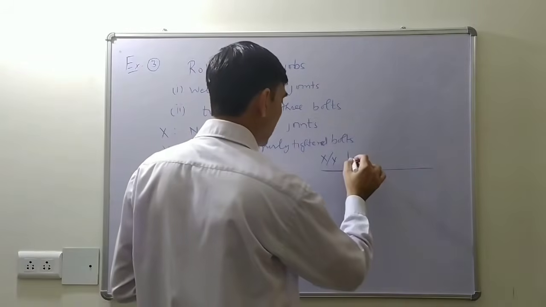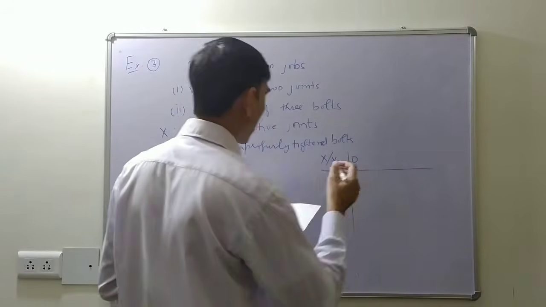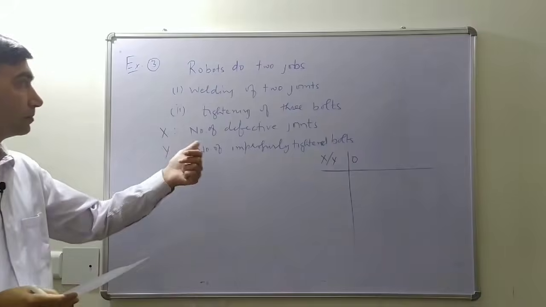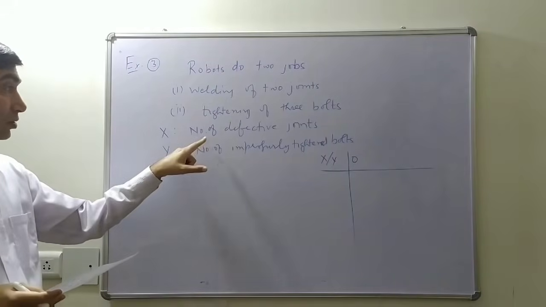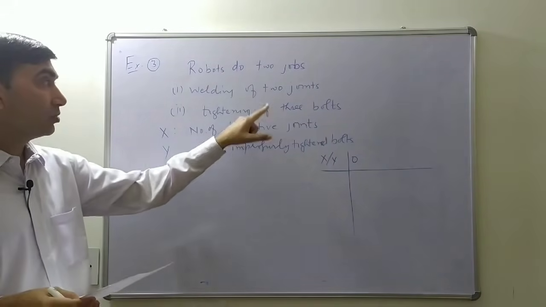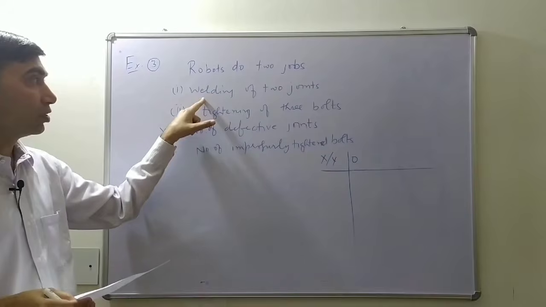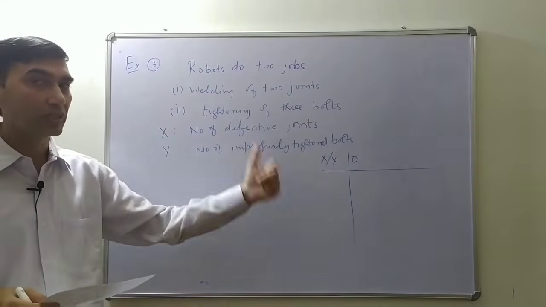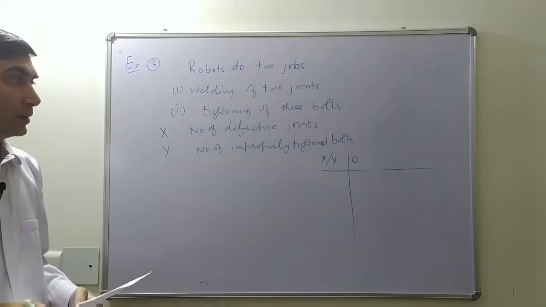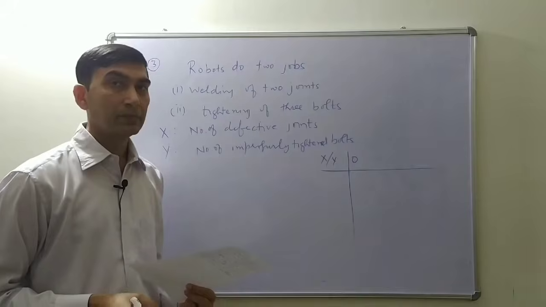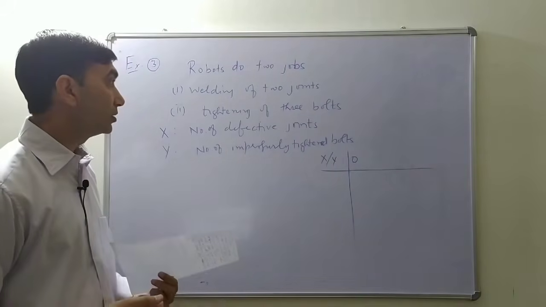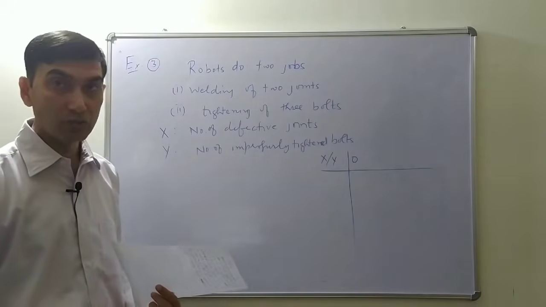I am writing it 0, X values. Okay, before that, what are X values? X denotes number of defective joints. How many joints are welded by the robots? 2. So what values X can take? There may be 0 defective joint, there may be 1, there may be 2.